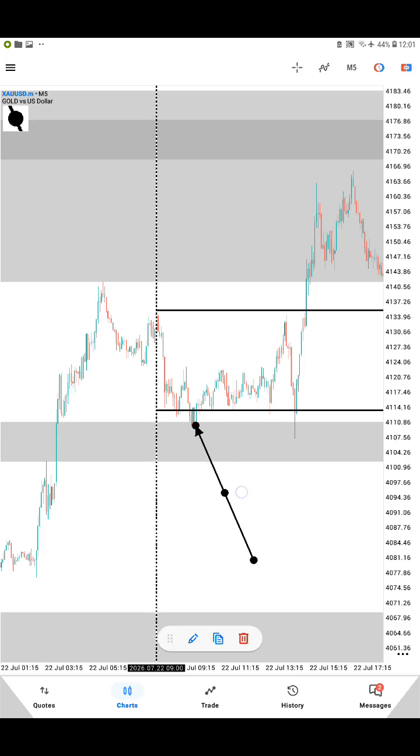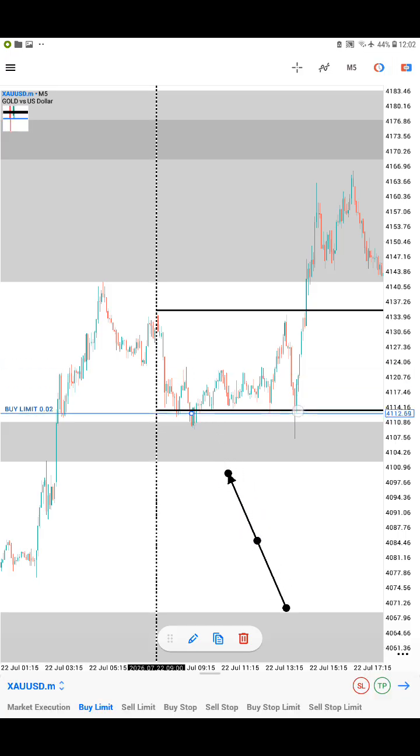We should sweep the low, and then after sweeping the low, closing inside here, you're going to enter right here.